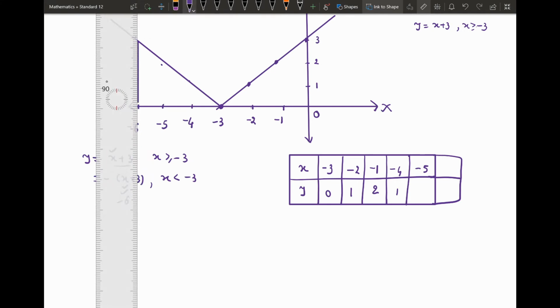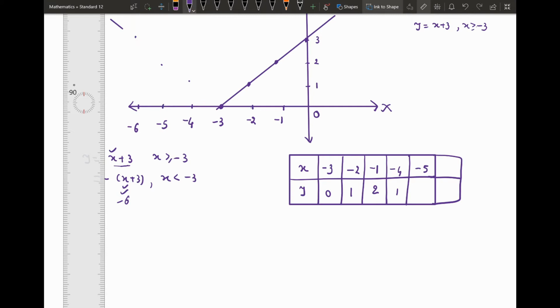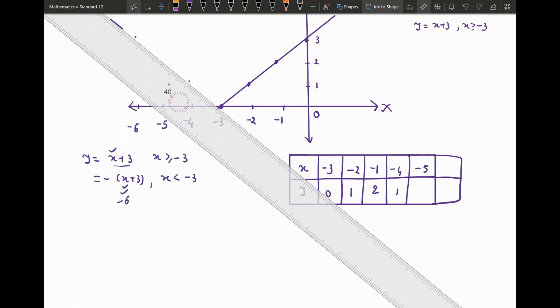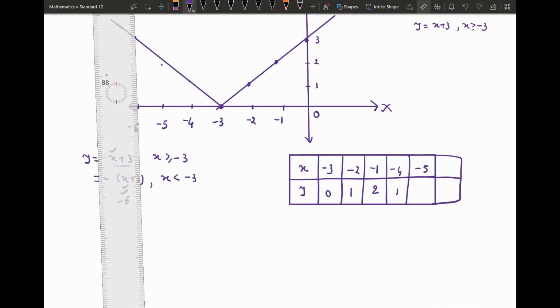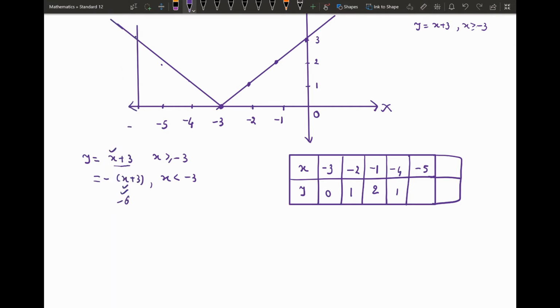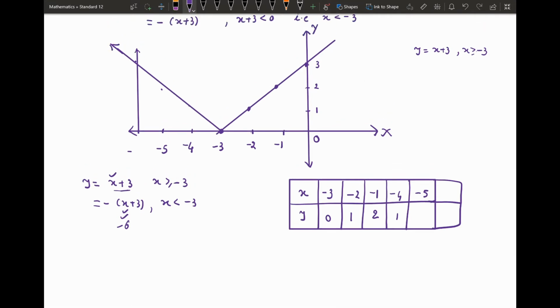So we have to find the area of this portion. This is the graph of modulus x plus 3.